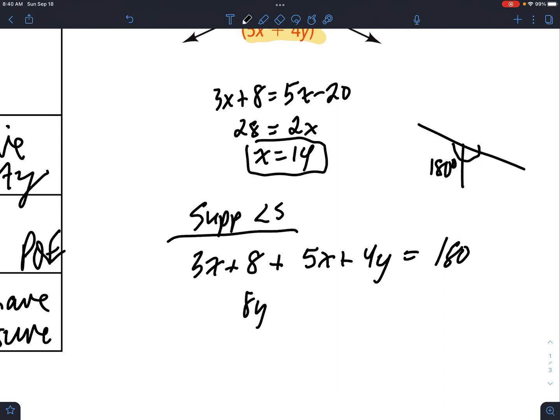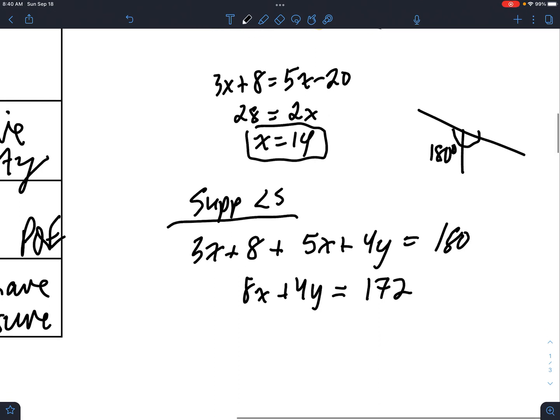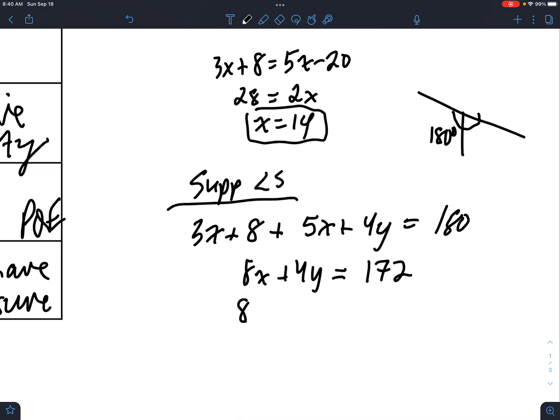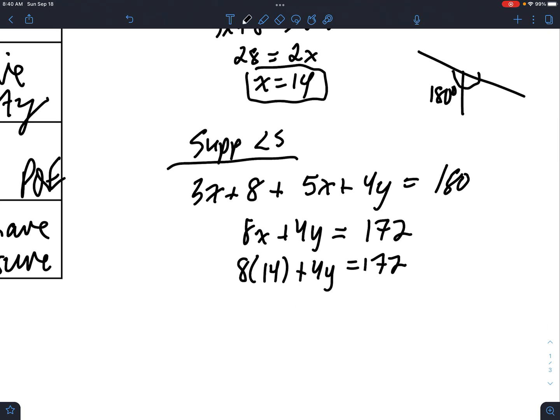And now if I go through and, how about, let's get the variables on one side, numbers on the other. I know what x is from before. And that would be what? 111? 112?